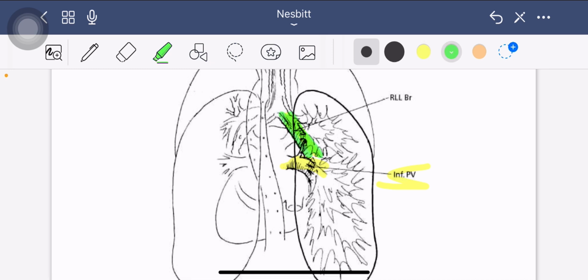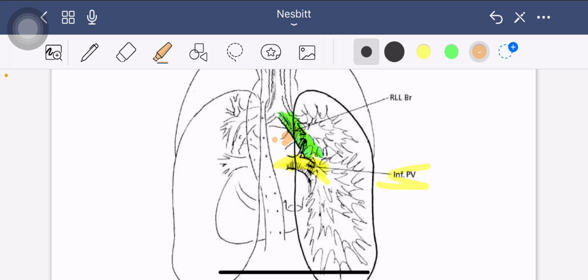This is the right lower lobe bronchus, this is the inferior pulmonary vein, and this is the artery.